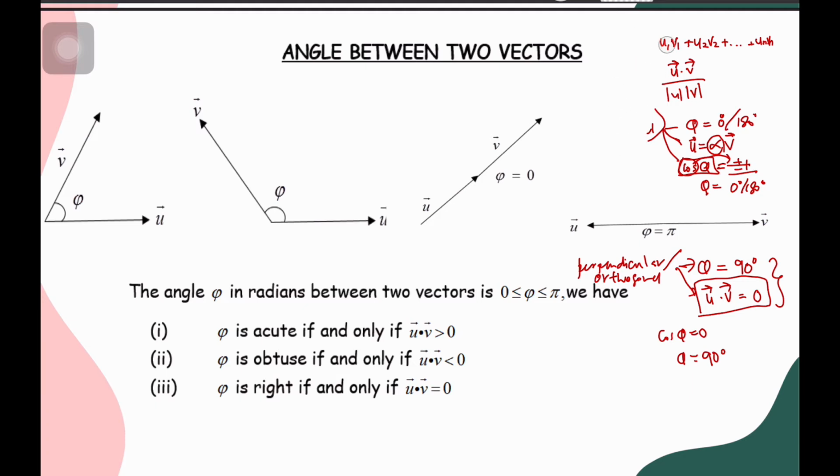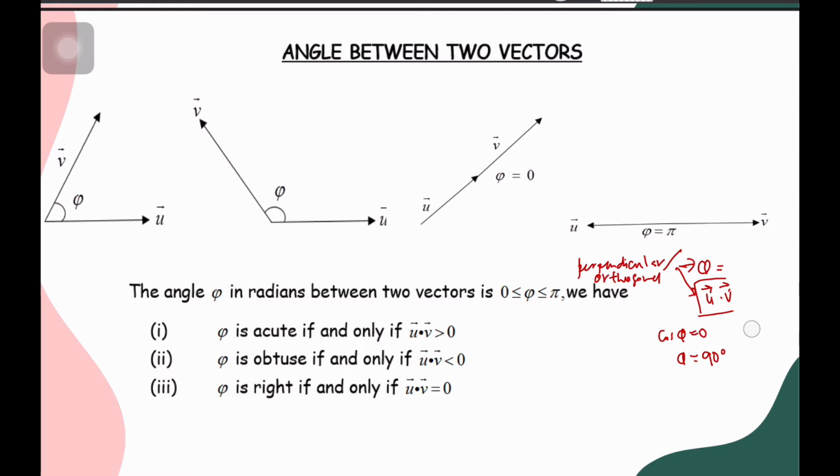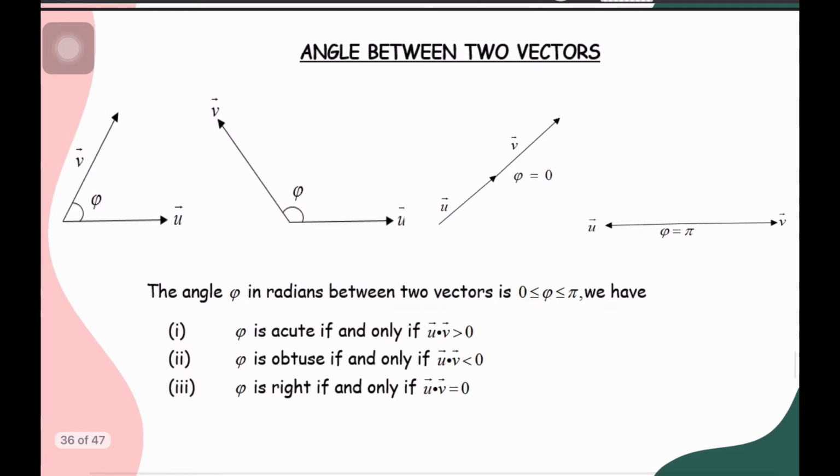Now we want to see the angle between two vectors, which is defined as phi before this. We will see a few types of values for the angle between two vectors.